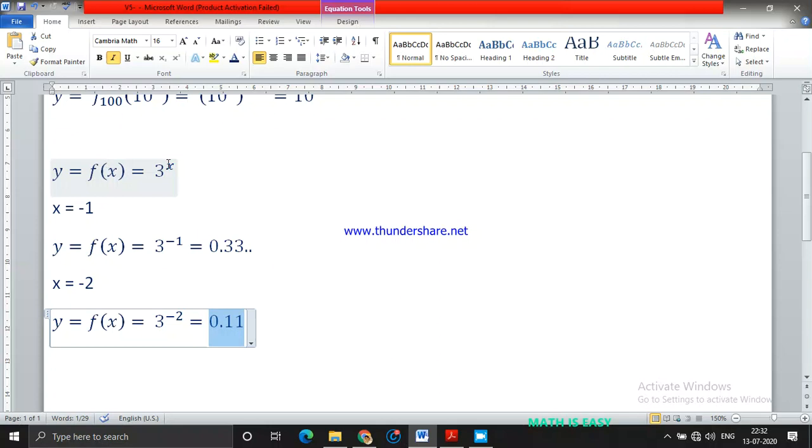So if I take smaller negative numbers, if I go to minus 100, minus 1000, minus 1 lakh, then these y values will move towards 0. Okay, as the x value decreases, the y value moves towards 0.